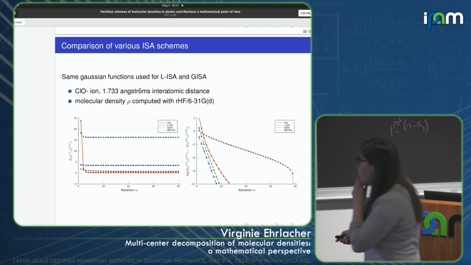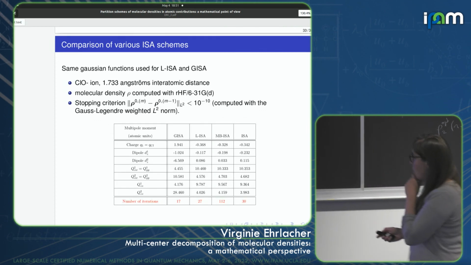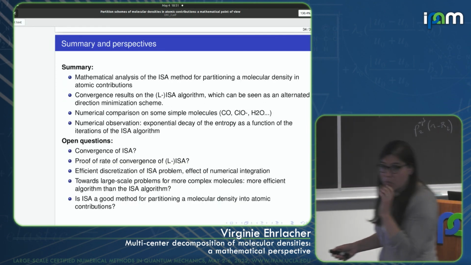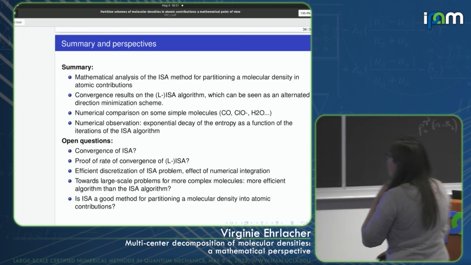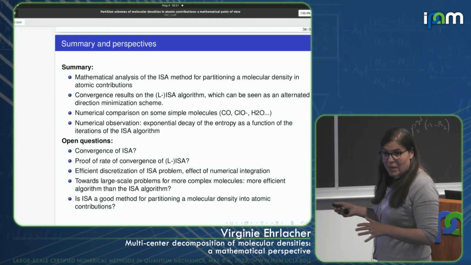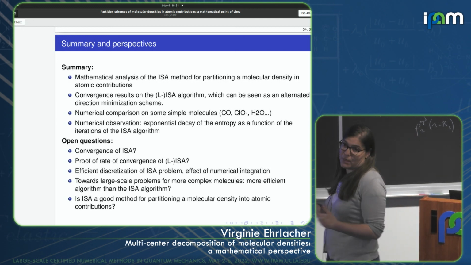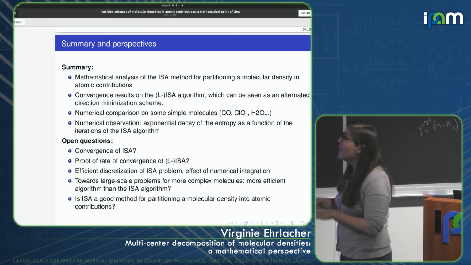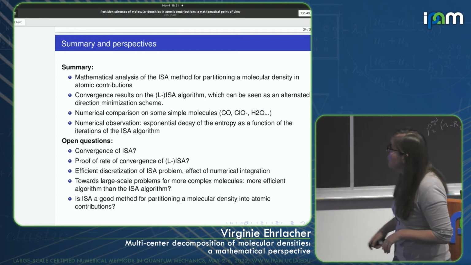So we did the same thing with the chlorine oxide ion here, and the observations were basically the same as for the CO molecule. So just to summarize, we tried to understand a bit the mathematical structure of some numerical schemes, more specifically the ones based on this ISA method, in order to partition molecular electronic densities into atomic contributions.